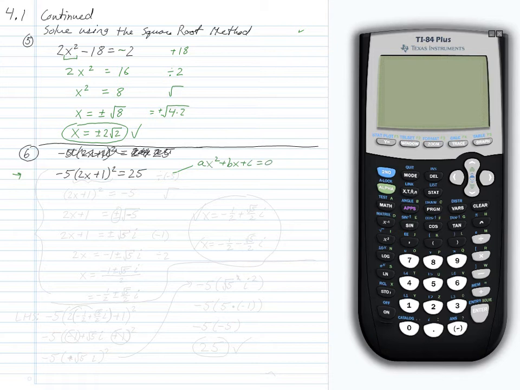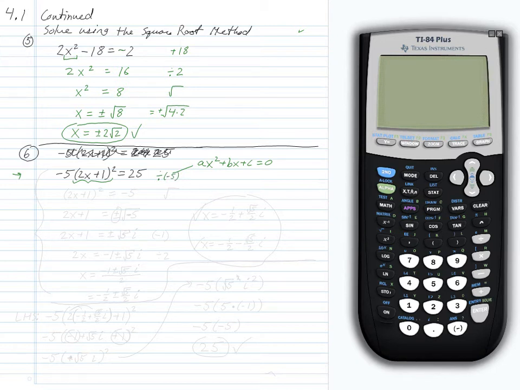We're not going to bother doing all of that, however, because we are going to use the square root method, but this time we're not going to isolate x first. We're going to isolate the variable term which is being squared, in this case the expression 2x plus 1 squared. We're going to get that by itself by dividing by -5.